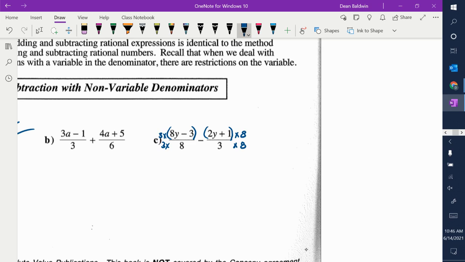So now we get 3 times 8 here is 24y minus 9 over 24, minus, and the 8 gets multiplied in here, 16y plus 8 over 24.